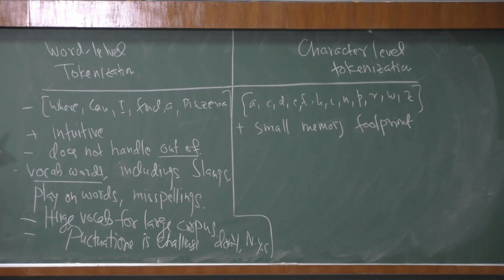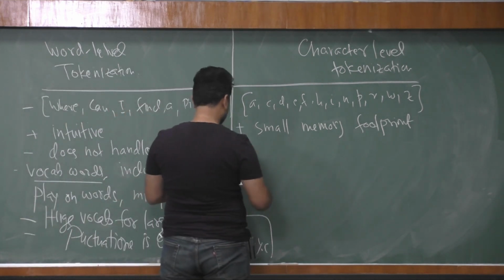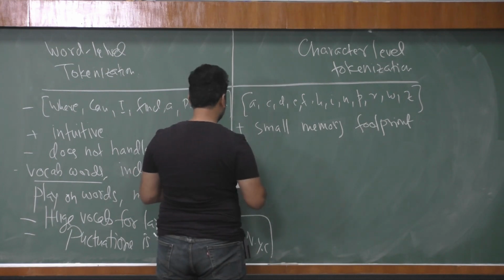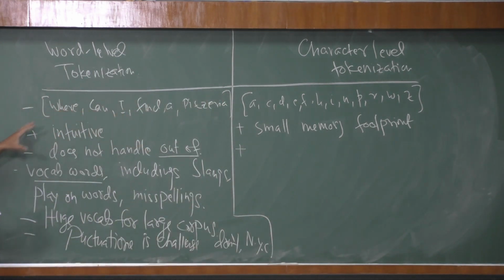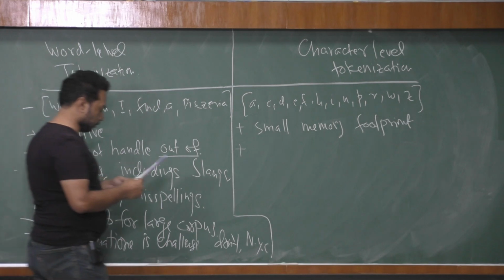But the number of distinct words can be many, as you know if you see a dictionary. So in character level you have a very small memory footprint, and of course if the corpus has a very limited number of words then word level may be a good idea, but for a very large one it may not scale that way.